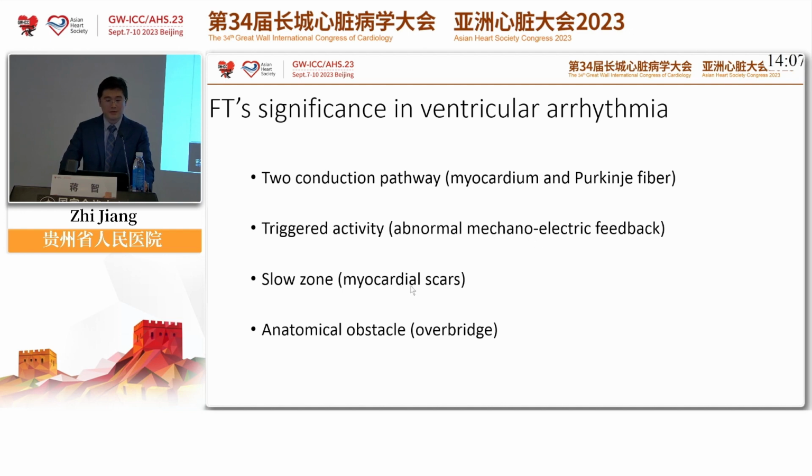Third, the myocardial scars residing in the attachment and the false tendon itself will form a slow zone for maintaining reentrant tachycardia. And the fourth is the overbridge anatomy of the false tendon. It forms an anatomical obstacle in the middle of the myocardium.